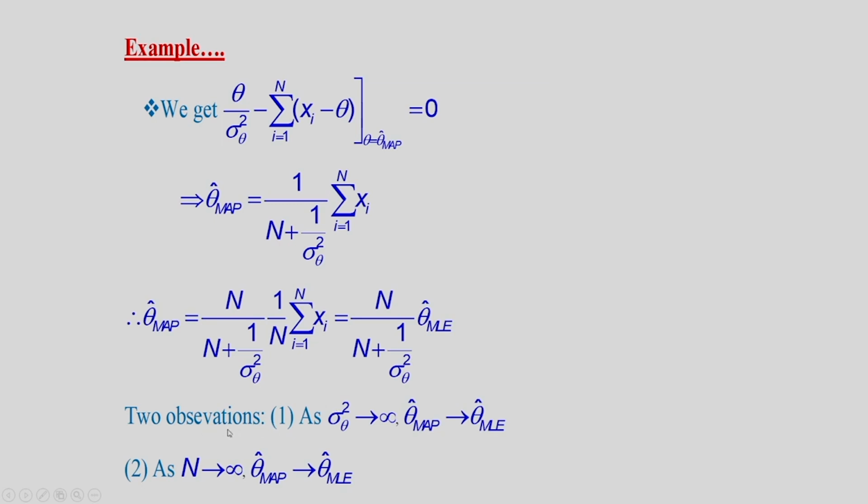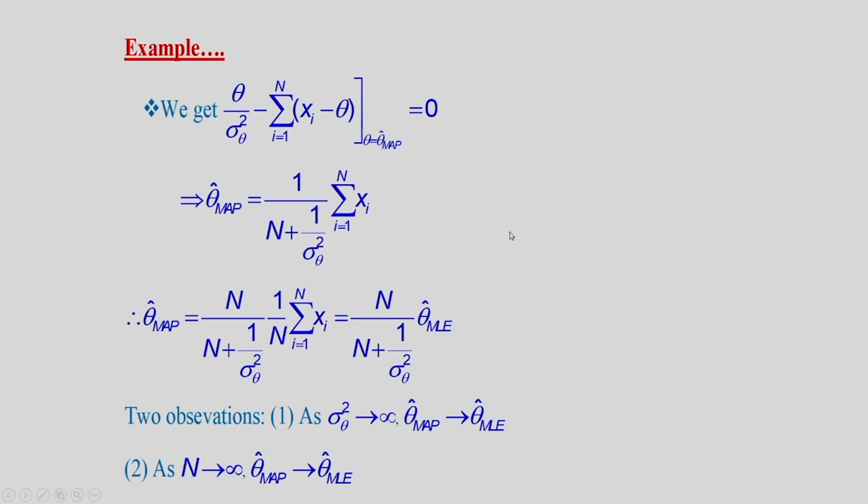Two observations are made. Number one, as sigma theta square goes to infinity, this quantity will become 0 and n by n will be equal to 1. So in that case, theta hat MAP will approach theta hat MLE. If sigma theta square, the variance of the prior PDF, is very large, then theta hat MAP will be approximately theta hat MLE.